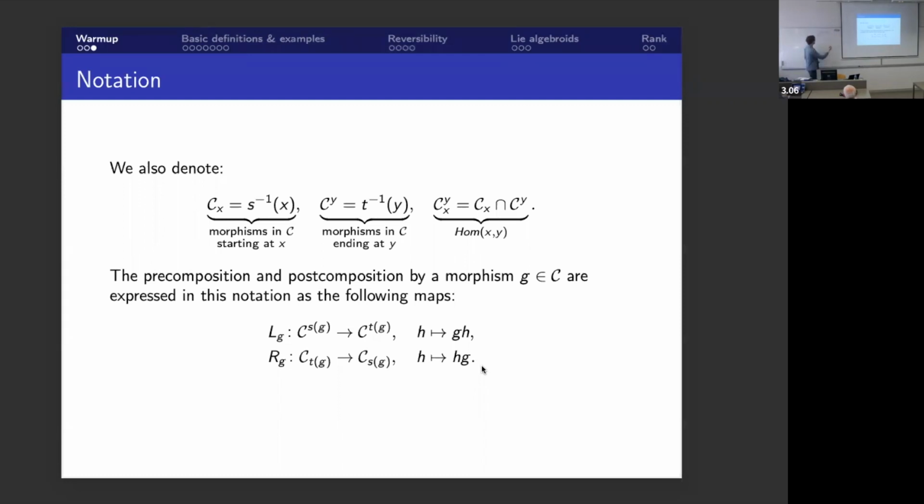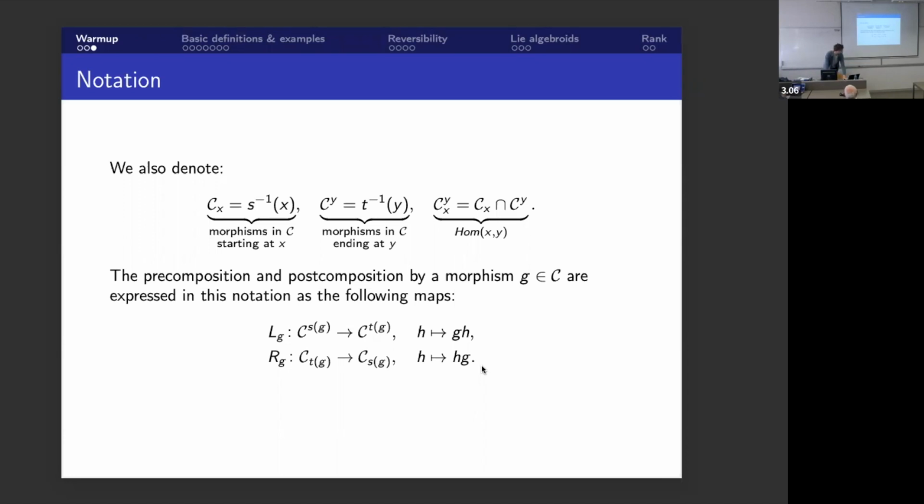And this literally means I can only act with G from the left on the target fiber C^{s(G)}. And what does it spit out in this product? Well, of course, it spits out something that has target equal to the target of G, right? So this is as far as our notation goes.